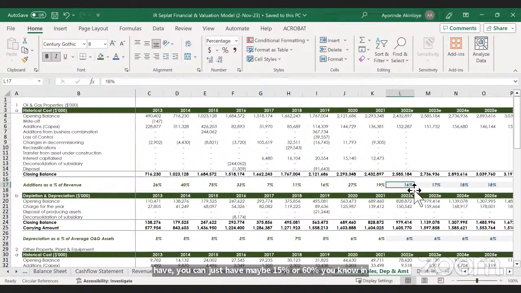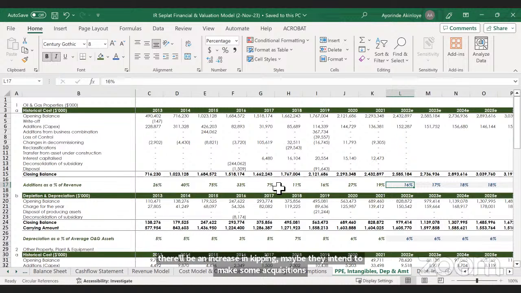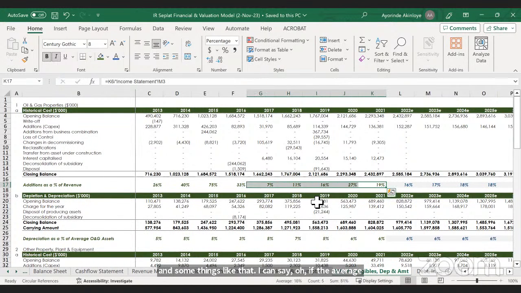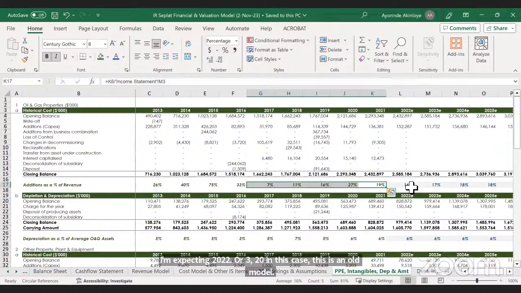If I'm expecting that there'll be an increase in capex, maybe they intend to make some acquisitions and things like that, I can say, if the average of the past 5 years has been maybe 15%, I'm expecting in 2022 or 2020, in this case, this is an old model, an increase in capex.